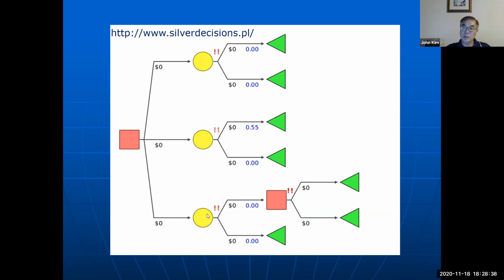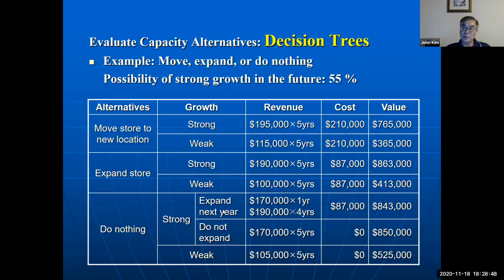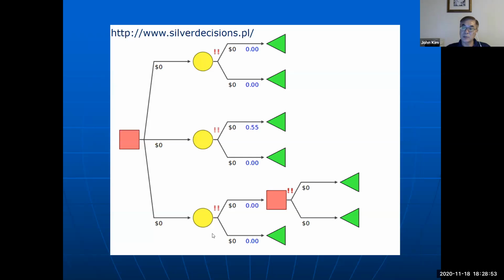The last one, do nothing, also has strong and weak. In strong, there are 2 kinds of alternatives: expand next year or do not. So another decision point after 1 year: expand, no expand. And then the weak condition, then the expected value here.